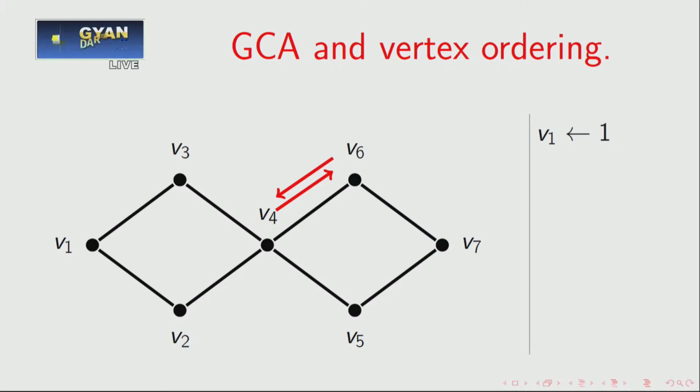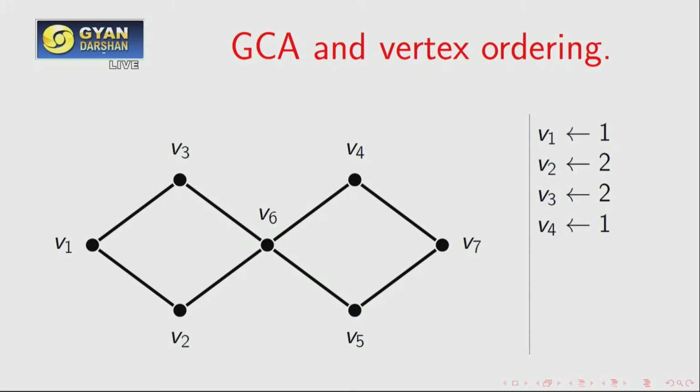In fact, there is one point to be noted here: the greedy coloring algorithm may use a different number of colors if we use a different ordering of the vertices. So it is subject to the vertex ordering of the graph.